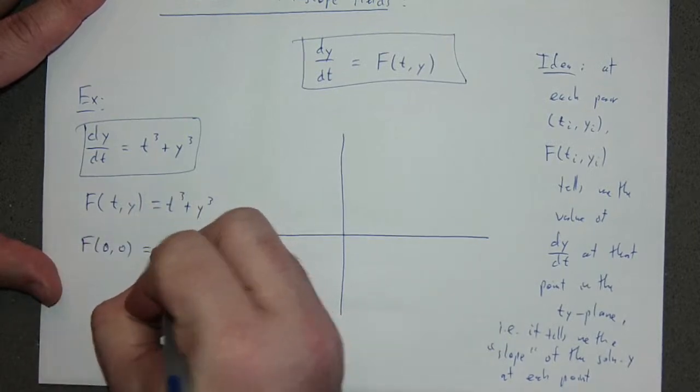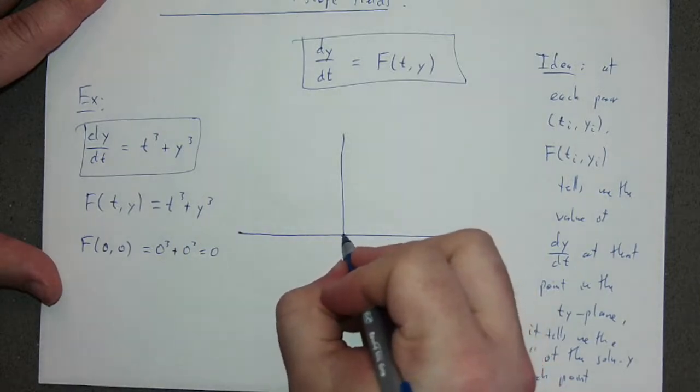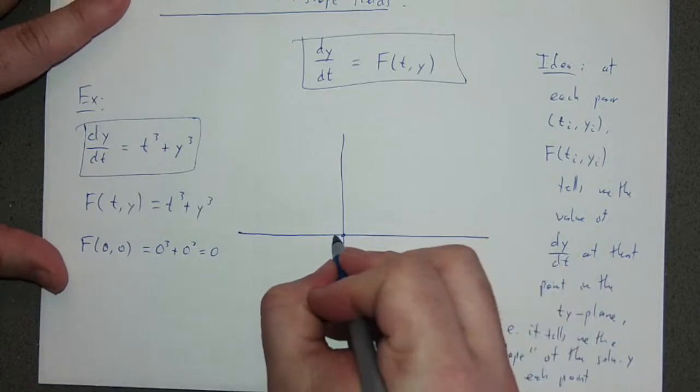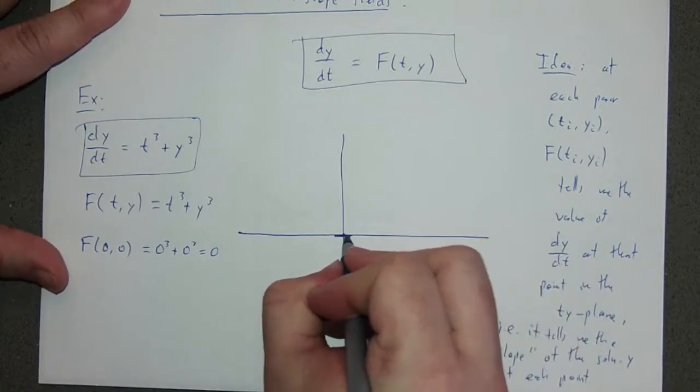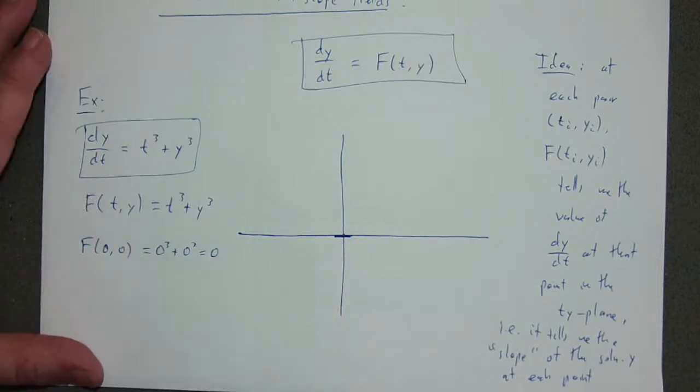Well, that's 0 cubed plus 0 cubed. That's easy enough. That's just 0. So then at the point 0, 0, I would draw in a little horizontal line piece that's saying, well, at that point, the slope dy dt is equal to 0. So it's a horizontal line, right, is my tangent line.